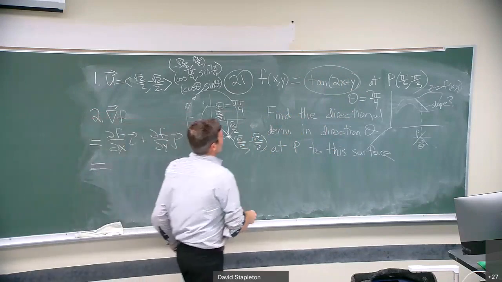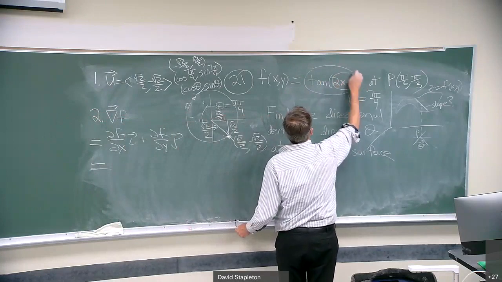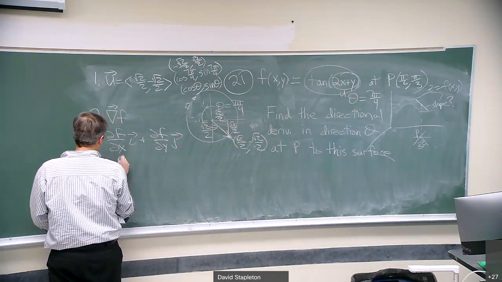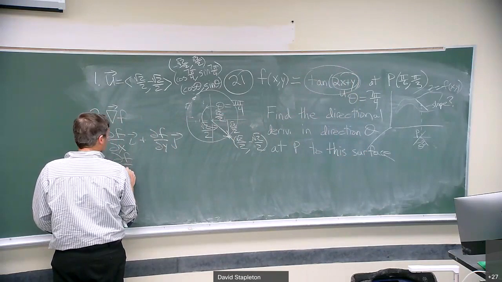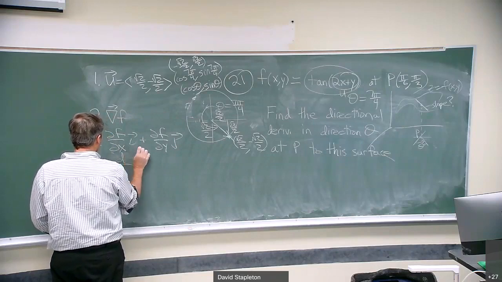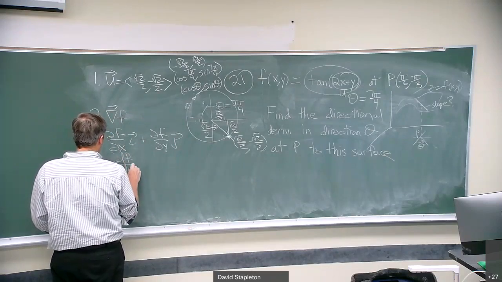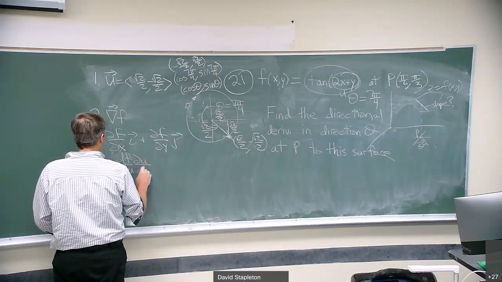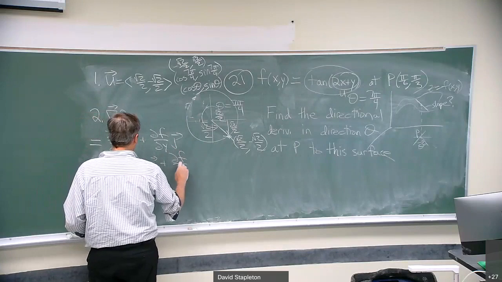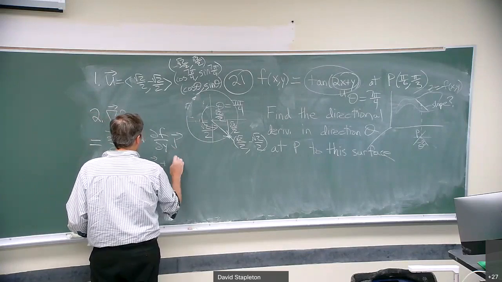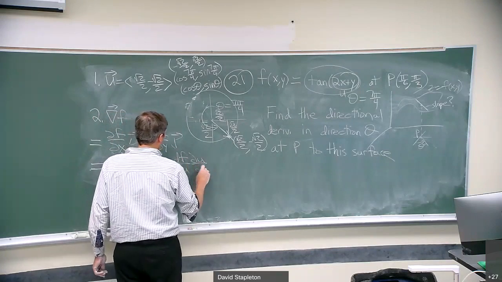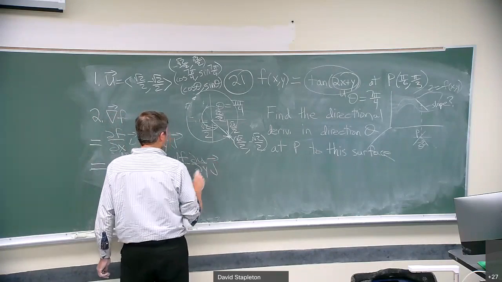Partial of this function, you have to use the chain rule. You let u equal 2x plus y. And say partial with respect to x is derivative of f with respect to u, ordinary derivative actually, since that's one function of one variable, df du du dx, that multiplies i, plus df du du dy times j.